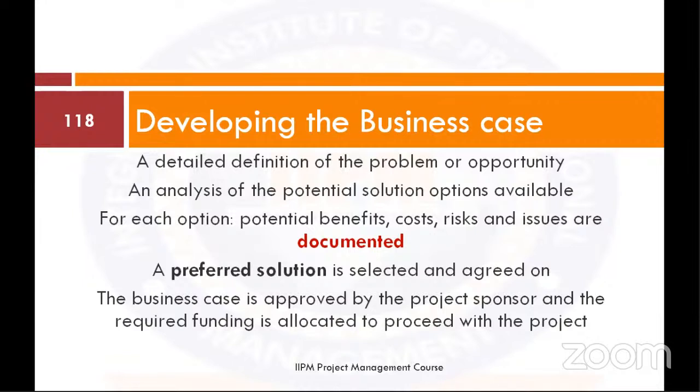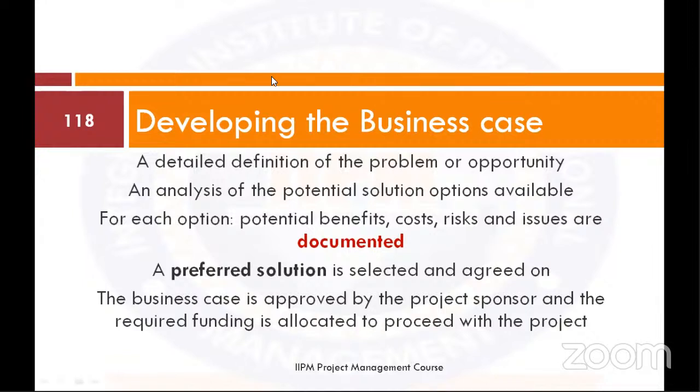So at what point do we say you've developed a business case? Number one, when there is a detailed definition of the problem or the opportunity. Number two, there is analysis of the potential solution options available. Let's take, for instance, you want to develop task collection software. If you're developing a task collection software, you should be able to tell us the detailed definition of the problem.